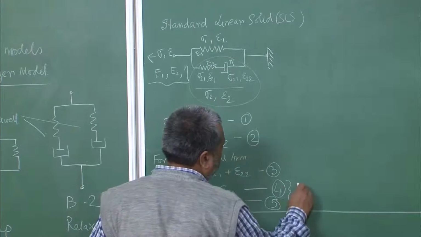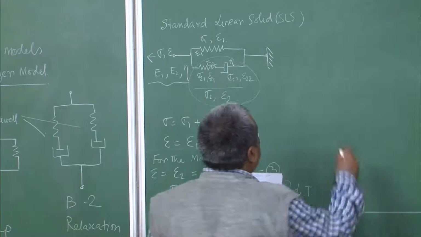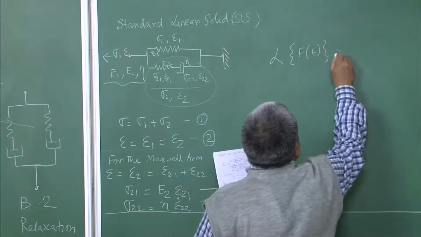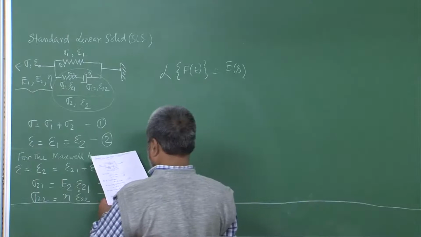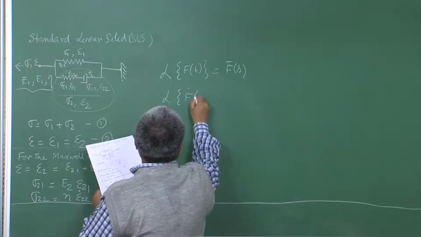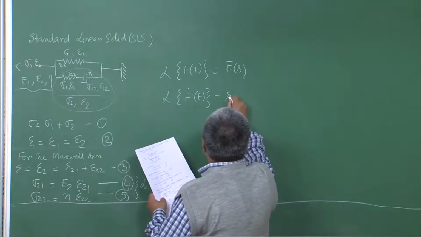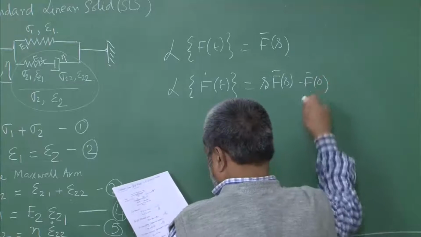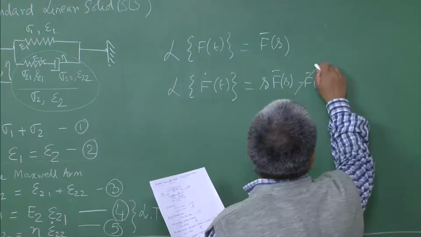First of all, a Laplace transformation, LT, and you should be knowing that the Laplace transformation of f(t) is denoted as f bar s, and also that the Laplace transformation of f dot t, the derivative with respect to time, is s f bar s minus f bar 0. In this case we will use the 0 initial condition.